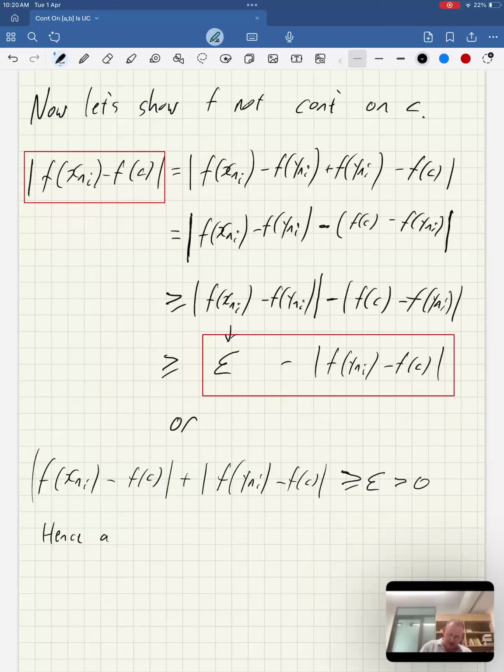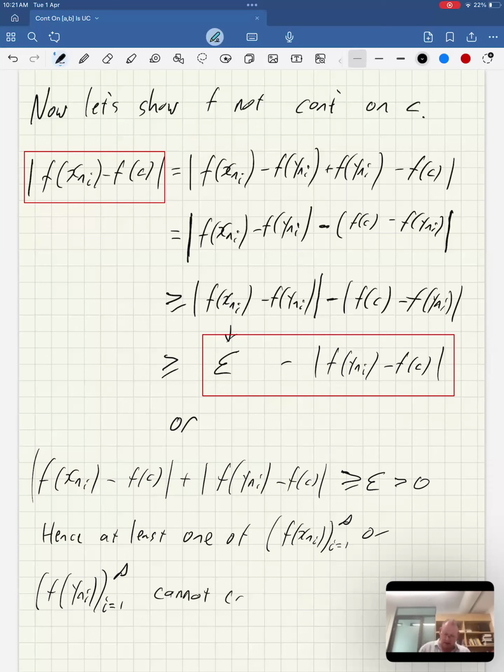Hence, at least one of f(x_n_i) or f(y_n_i) cannot converge to f(c), because this difference is greater than 0.